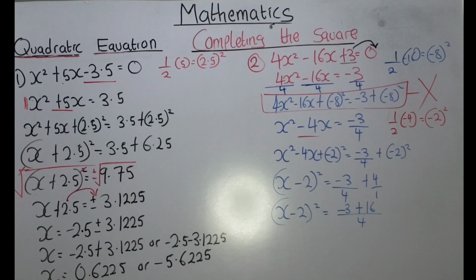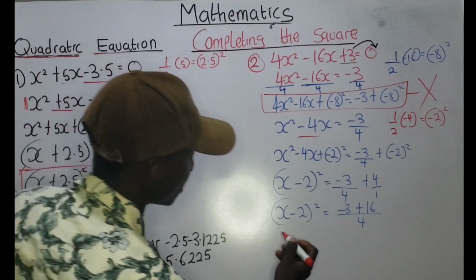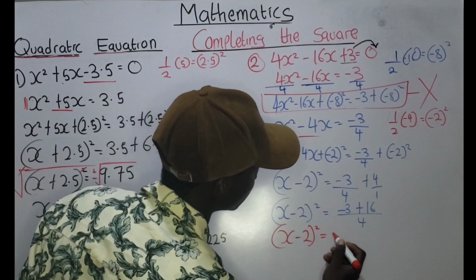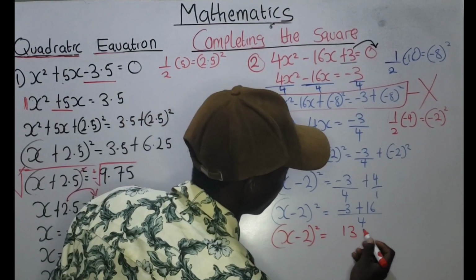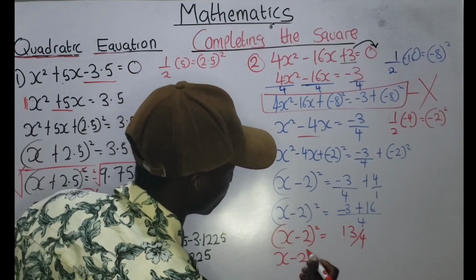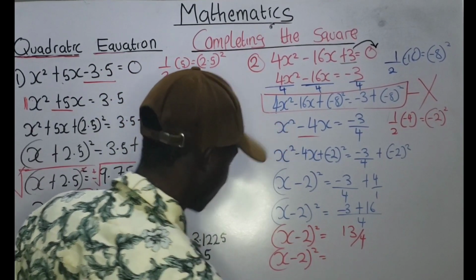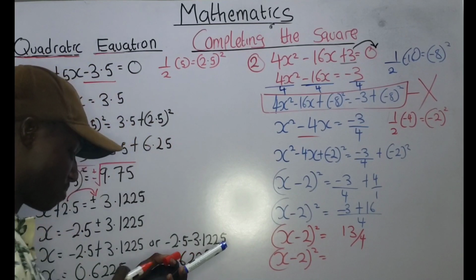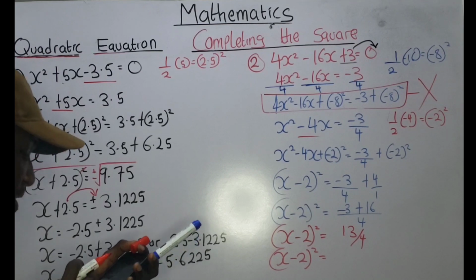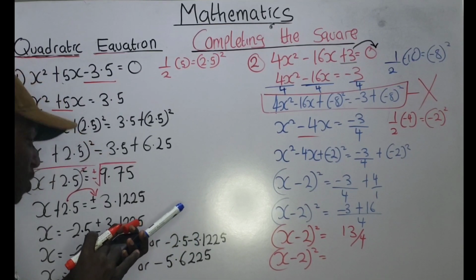Okay? So from this point, please just pay attention. I'm going to have x minus 2 squared is equals to 13 divided by 4. 13 divided by 4 is 3.25, okay?